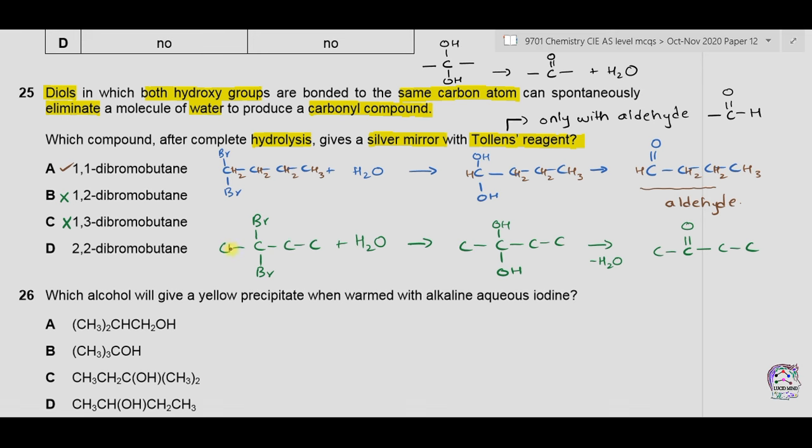Putting the number of hydrogen atoms. The product formed is ketone. As ketones do not give silver mirror with Tollens reagent, D is also incorrect. The only correct option is A.